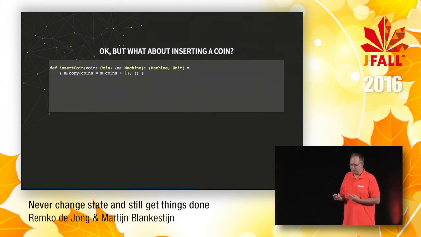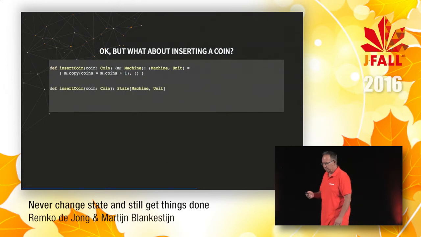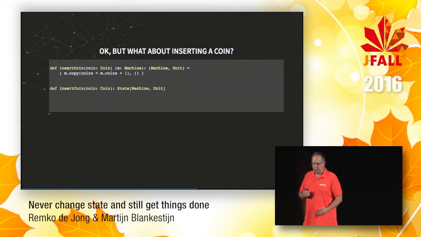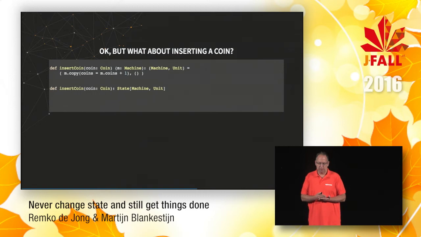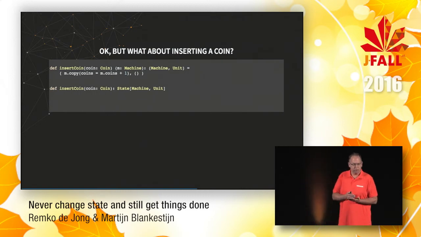The code is still valid, but now we could return that function. And we can change it into insert coin. That takes a coin, and it returns a state. And this is exactly the same, because state needs a machine, and it will return a machine to unit tuple.